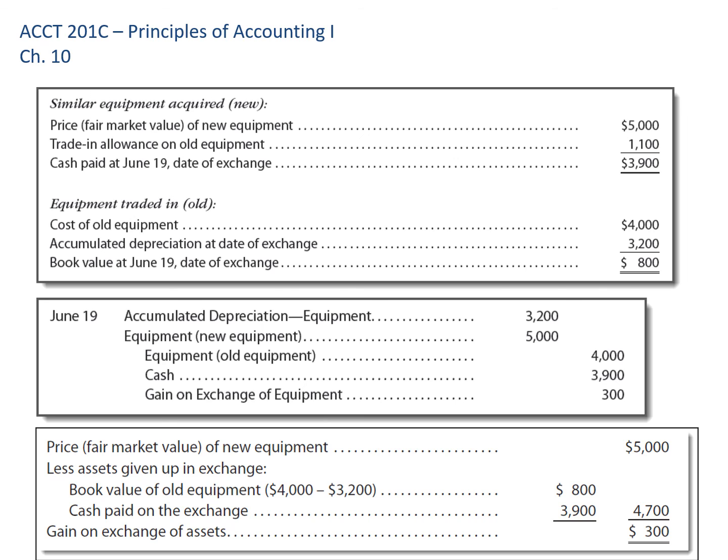I'm going to credit equipment for $4,000. Third, I'm going to record my payment of cash. So I credit cash for $3,900. And then I recognize the gain or loss. In this case, a gain is a credit of $300. Now I'll double check. Both sides appear to equal $8,200. So debits equal credits. I probably haven't made a mistake here.